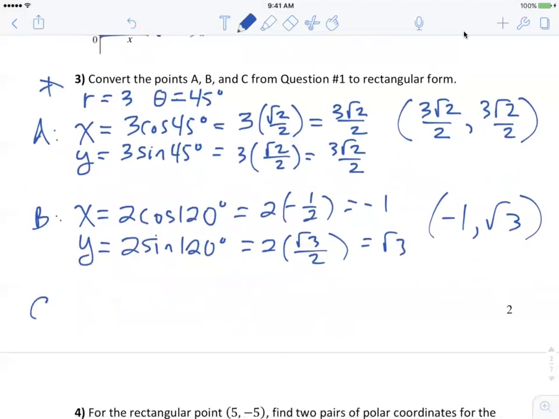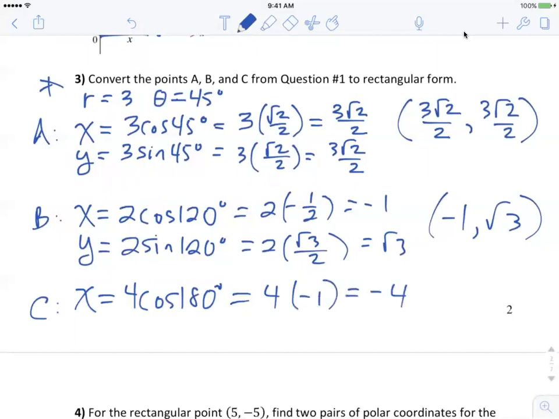For C, same old thing. C was 4 comma 180. So X is 4 cosine 180, which is 4 times -1 from the unit circle, -4. And then Y is equal to 4 sine 180. The sine of 180 is 0.